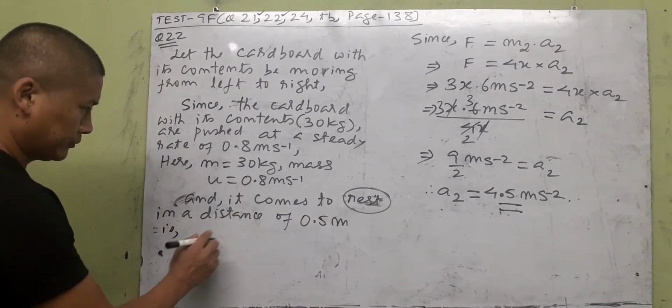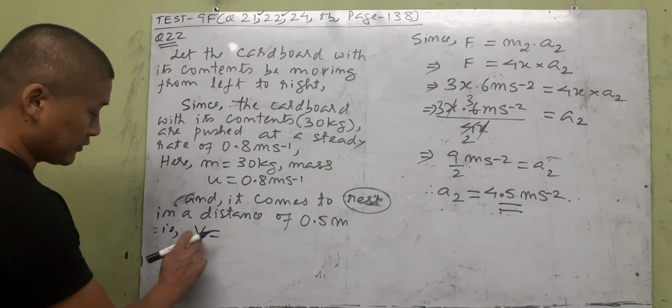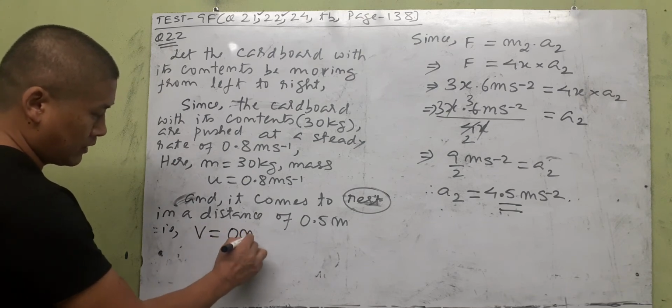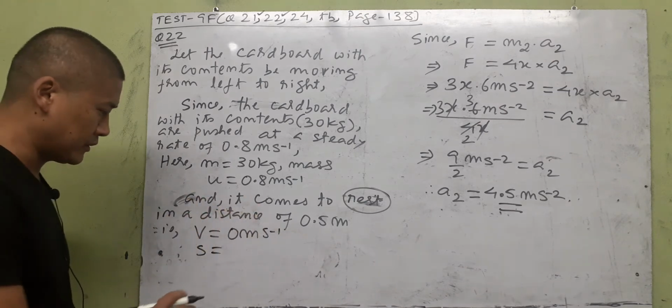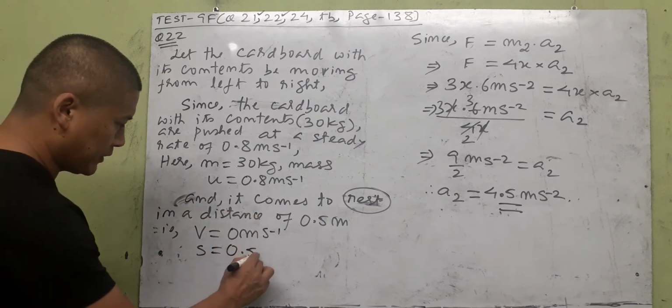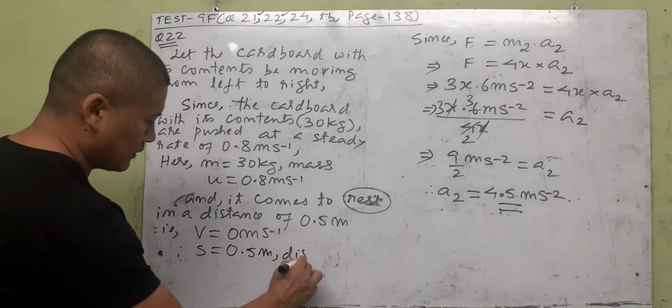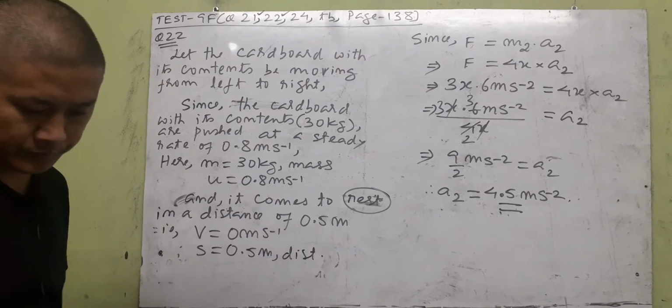That is, rest means final velocity v is 0 meter per second. Distance is denoted by s in our chapters. 0.5 meter is the distance moved across the floor.